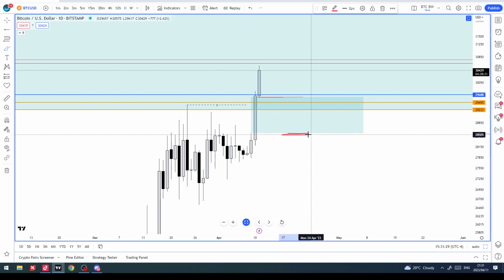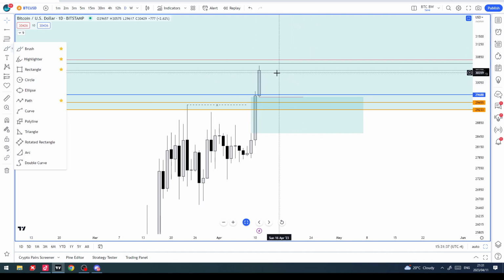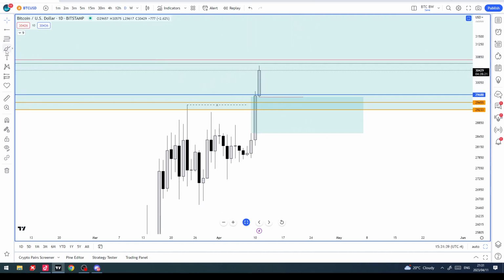Any closing below this FVG, and that is a market structure shift. You guys know that. I've been speaking about that for months as well. Closing below opposing FVGs. So if we start to print candles here, like this, and we close below here, we can wick below here, but as soon as we start to close below here like that, it's cooked. Okay?